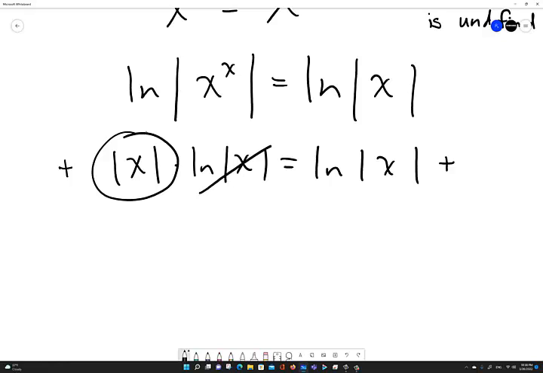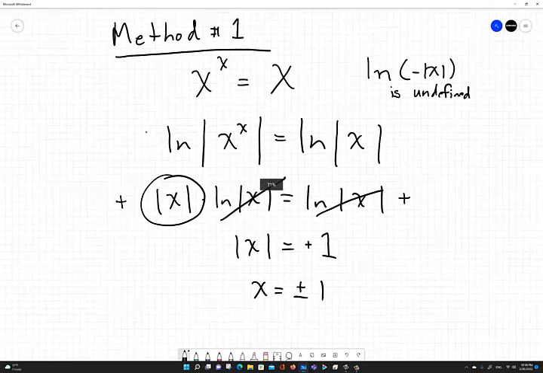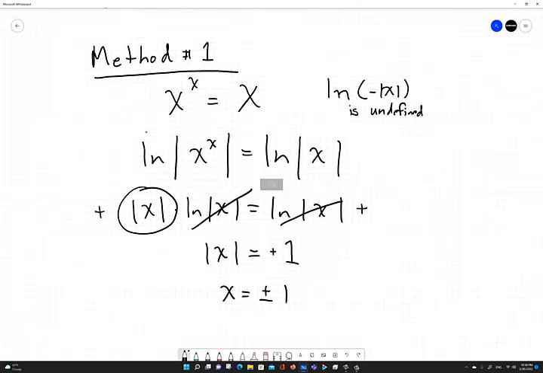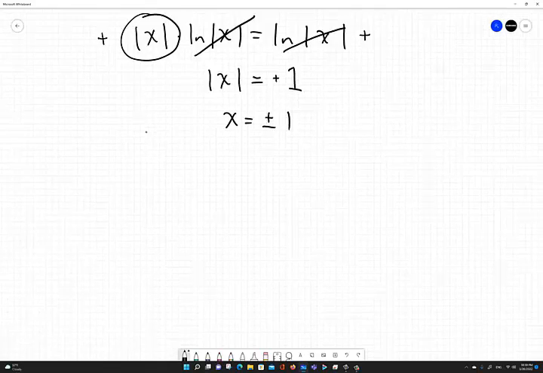And when you cancel this, you have the absolute value of x equals positive 1, so you get the x value equal plus or minus 1. And that is your answer for the first method. And then I'm going to teach you the second method.